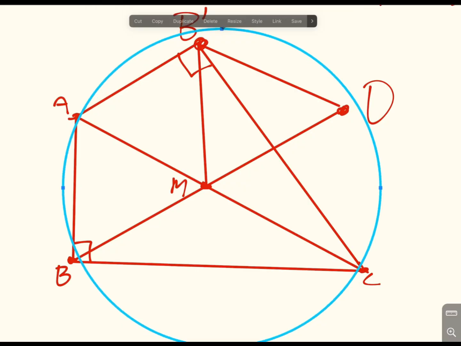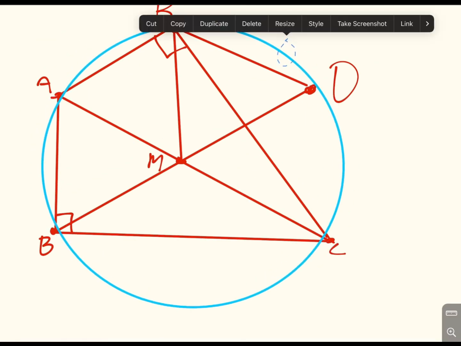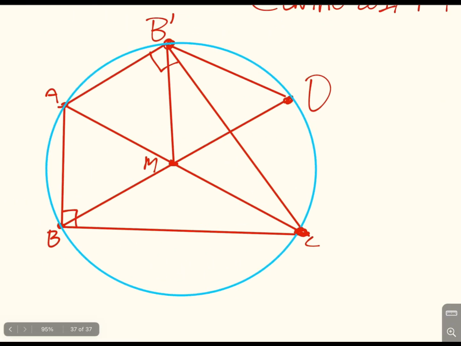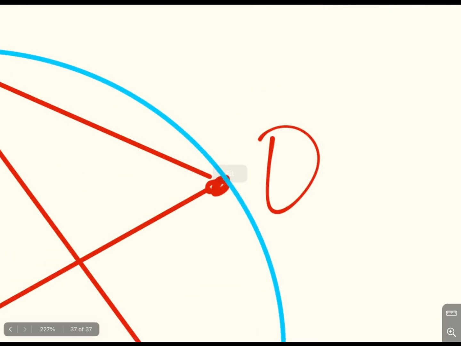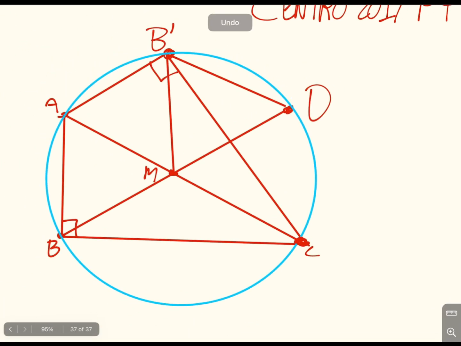This is a very ugly circle. And you might notice that in this drawing, you can already see that D might perchance also lie on the circumcircle. But we've got to prove that.